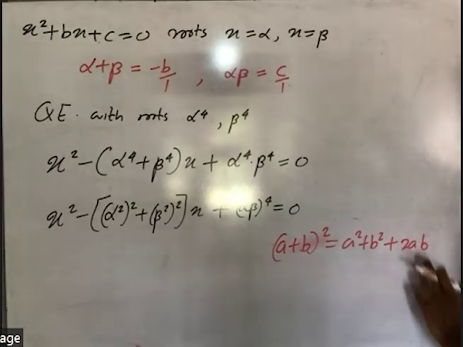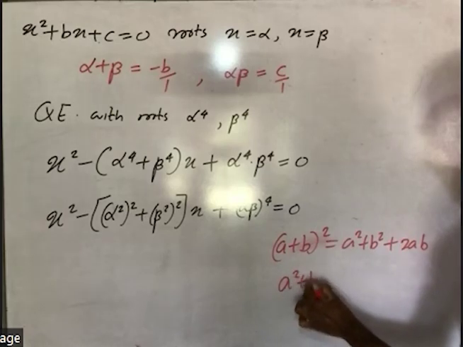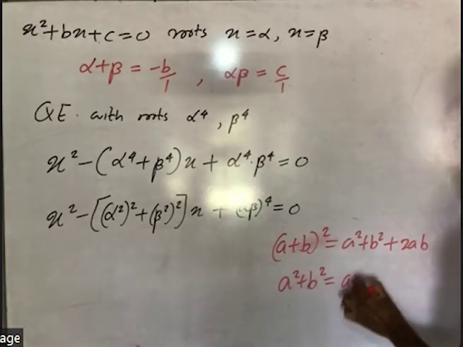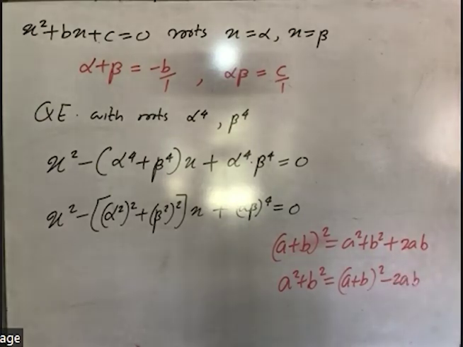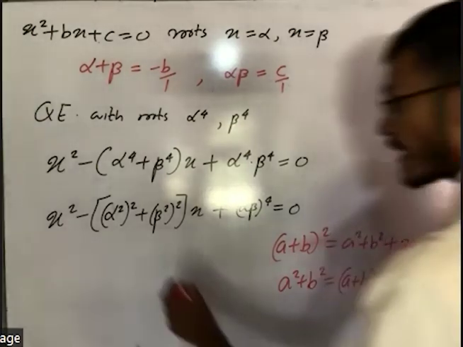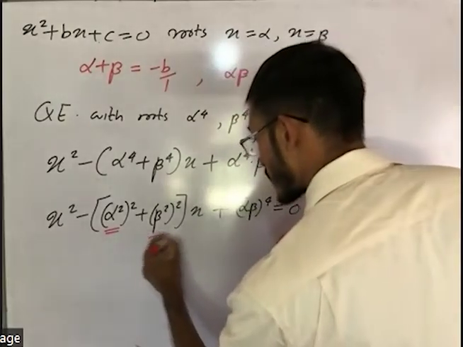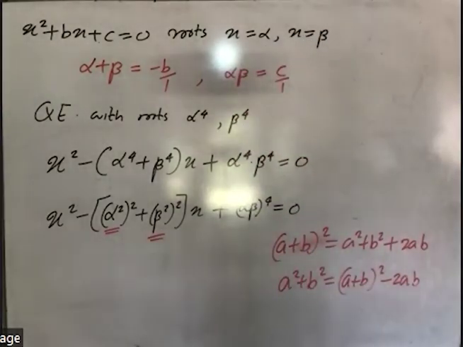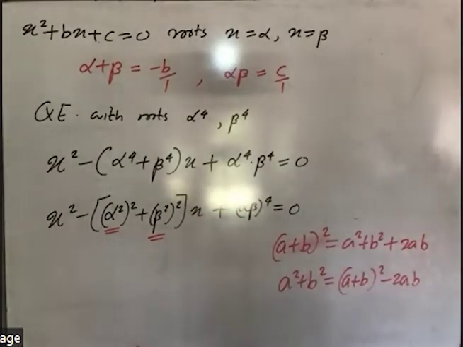If you take 2ab to the other side, then a square plus b square equal to a plus b square minus 2ab. So here this alpha square acts as a, and this beta square acts as b. So you can use this formula and write down this part in this way.